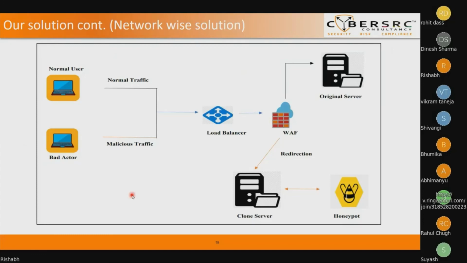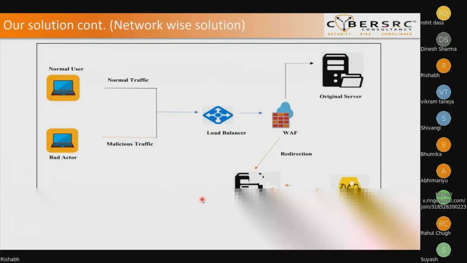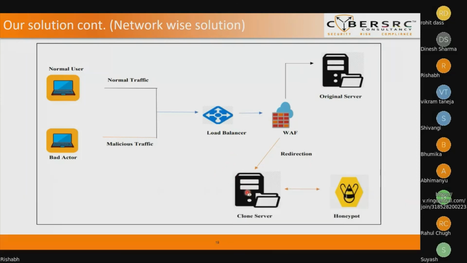As I stated, we are segregating the network. The clone server is one-way connected towards the original server. We want to get all of that information on how the attacker attacked, so the honeypot system is directly monitoring.